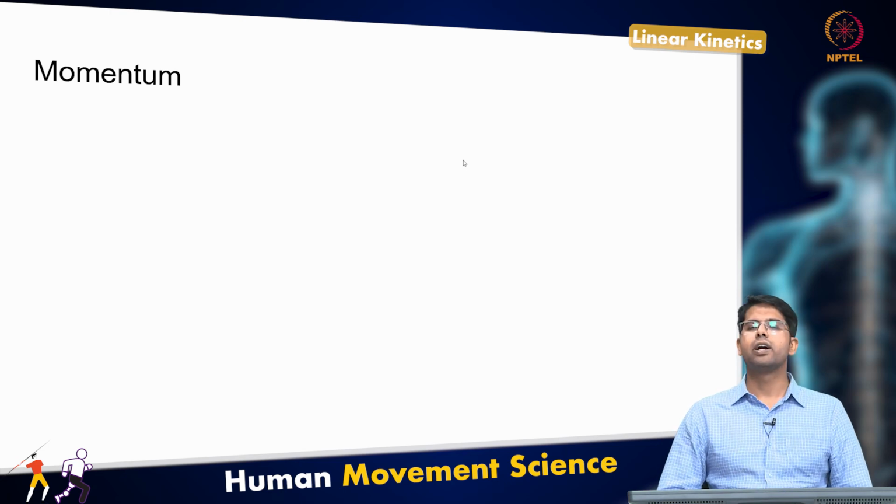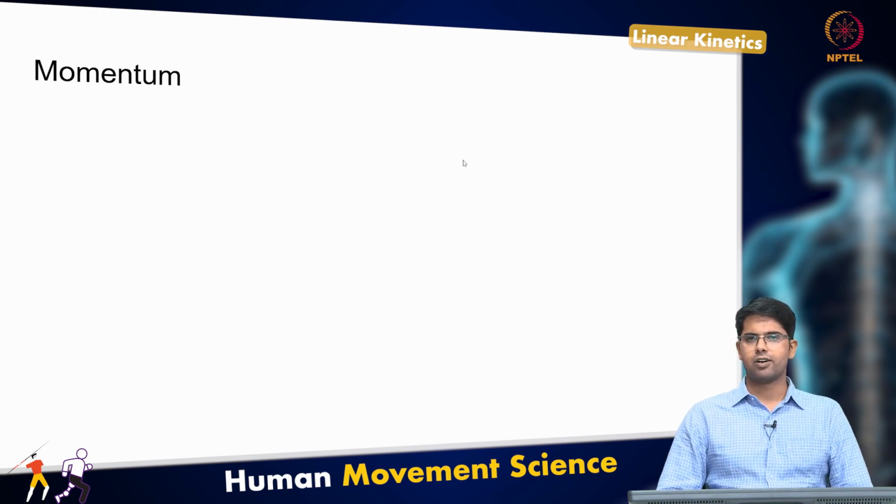At this point, we should also introduce this concept of momentum. We've heard this a lot in both technical jargon as well as colloquial conversations, like the Indian team has a lot of momentum going into this World Cup.